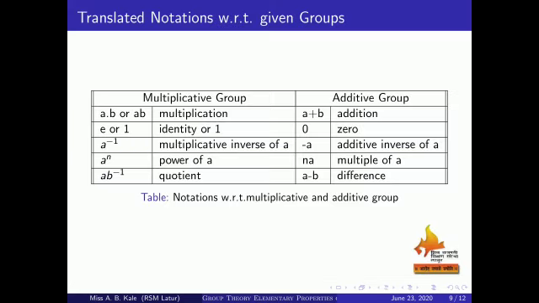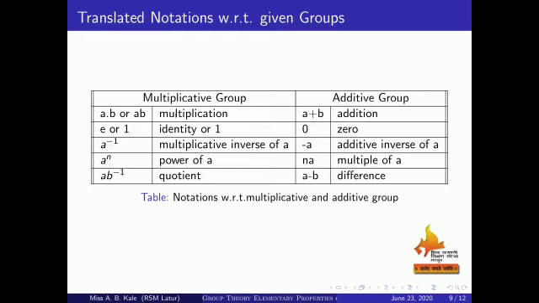Now, let us observe the translated notations with respect to given groups from the table. We have two parts in the table. First is multiplicative group and second is additive group. A dot B or AB is multiplication, whereas in additive group A plus B is addition.